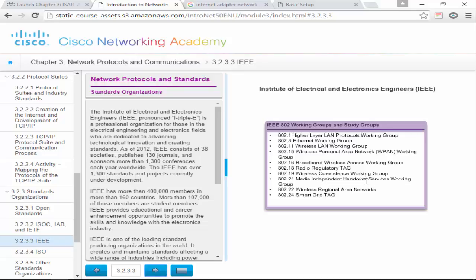That's wireless, but they're doing all these standards. 802.16 is that broadband wireless that I was talking about, WiMAX or LTE. They develop these; anything you see with an 802, you know it's an IEEE standard.